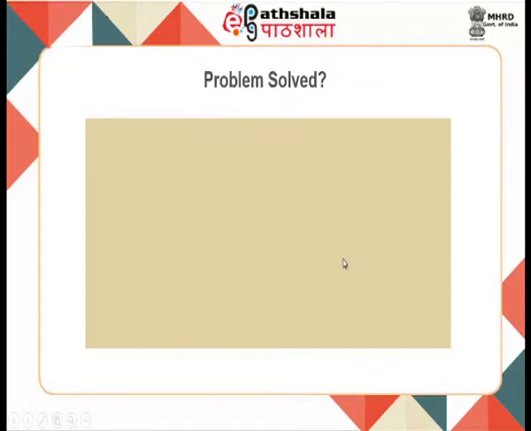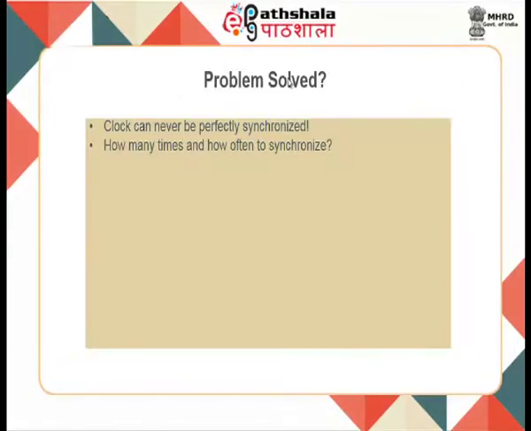So, do we have all the problems resolved? Even when we are trying to synchronize our clocks, unfortunately the drift can never be set right. The question is how many times we should synchronize, how often we should synchronize, and more importantly, what is the price of synchronizing.